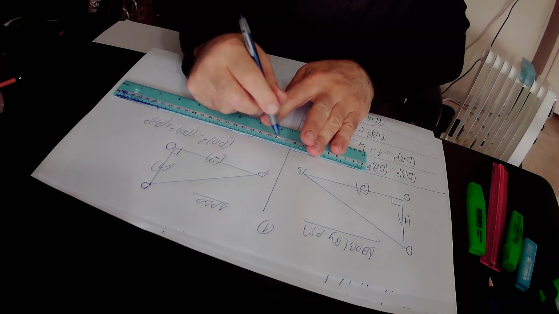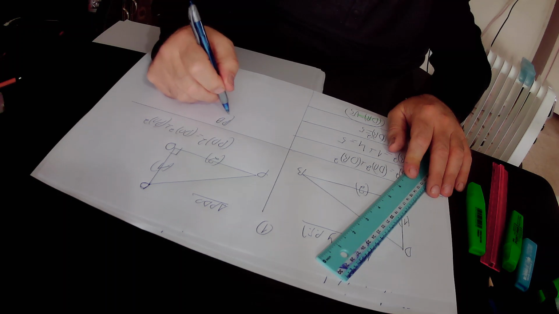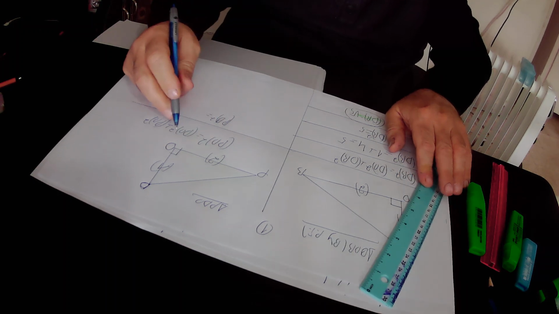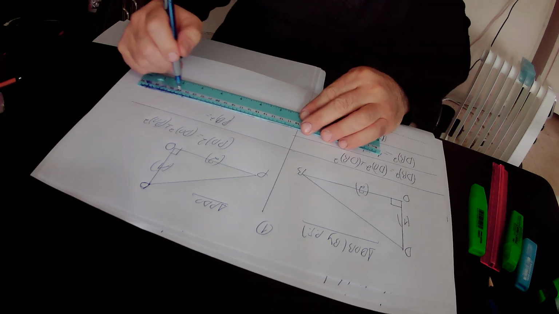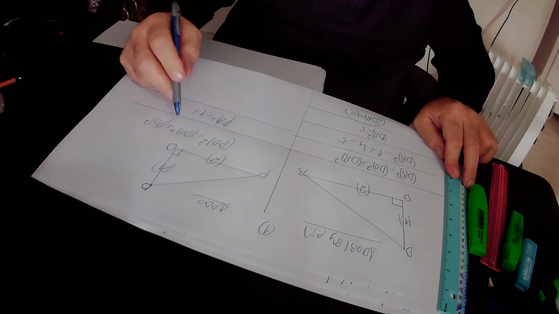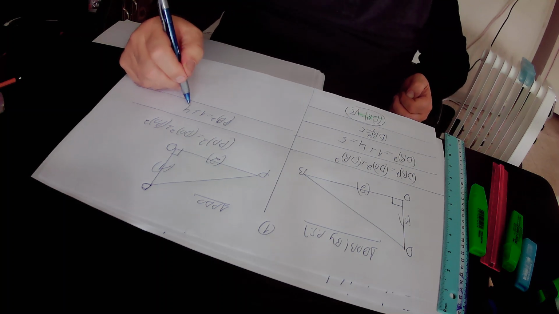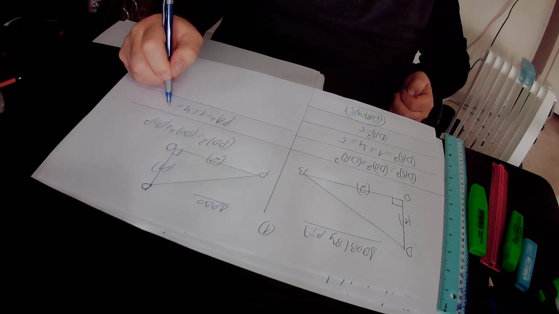PD is the missing side, so we leave it as it is. So PD squared equals DO squared. DO is 1, therefore DO squared is 1 squared, that is 1. Plus PO squared. PO equals 2, therefore PO squared is 2 squared, that is 4. So in total PD squared equals 1 plus 4, that is 5.